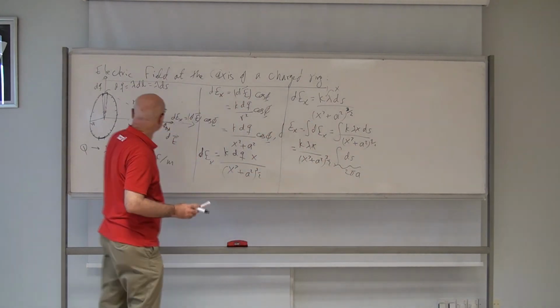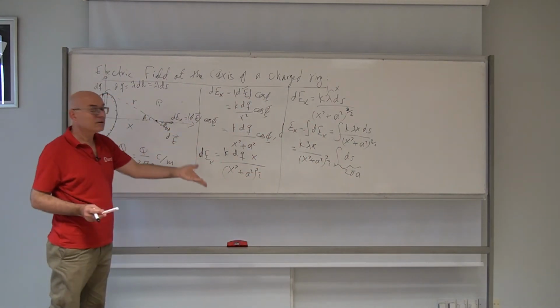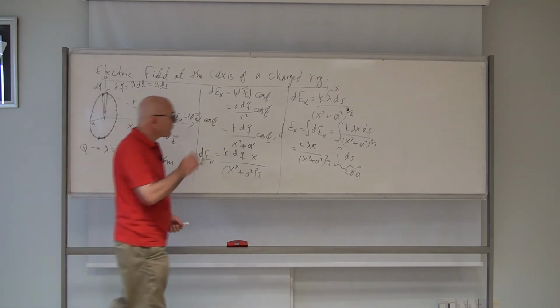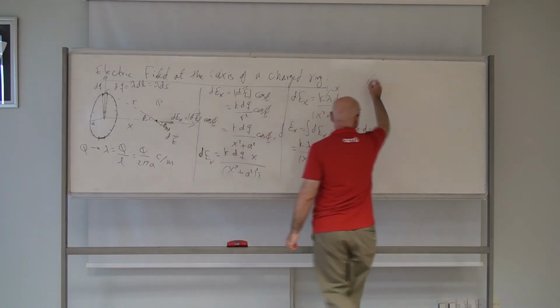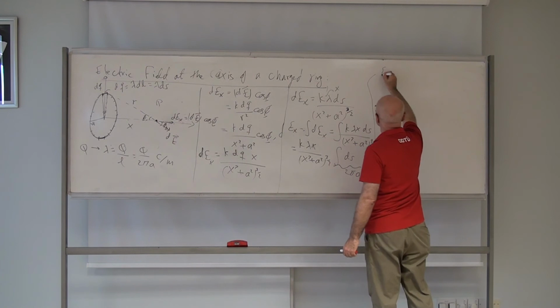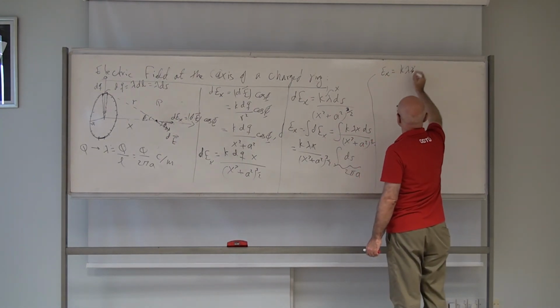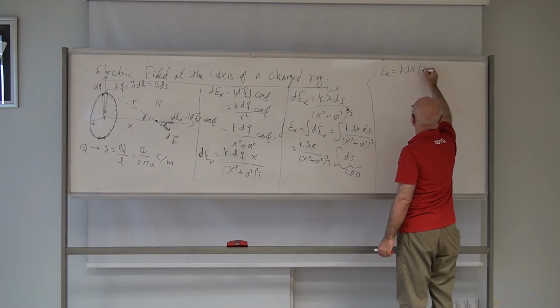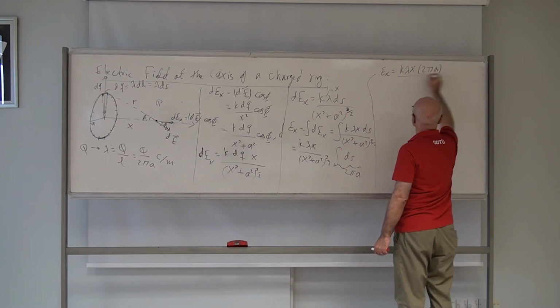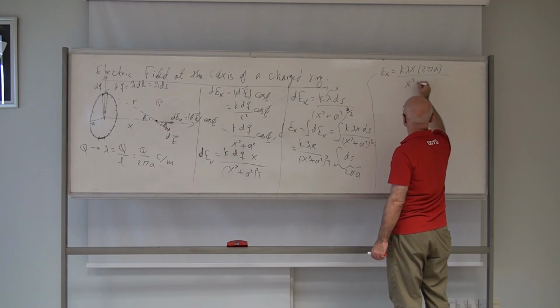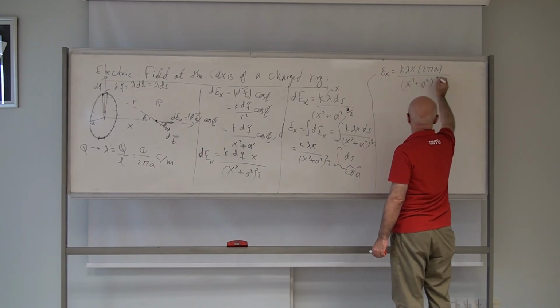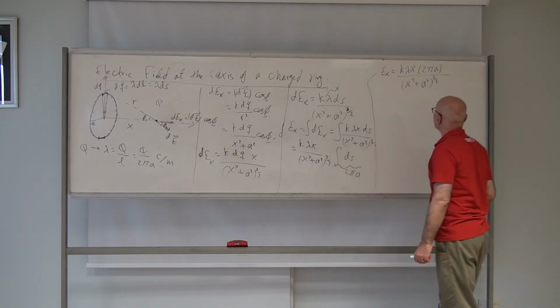In other words, when you sum all these ds's, you get 2 pi a. And therefore, I get for my expression, Ex is equal to k lambda x multiplied by 2 pi a divided by x square plus a square to the power 3 over 2.